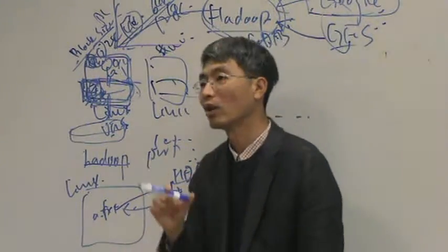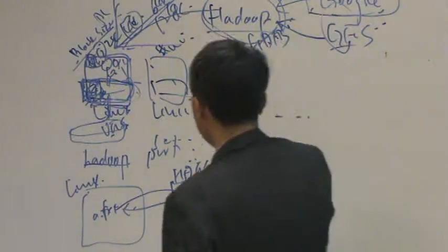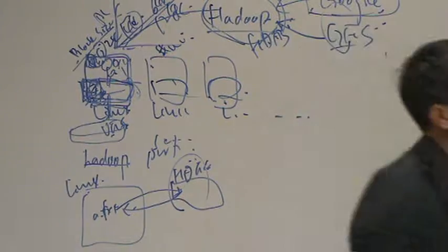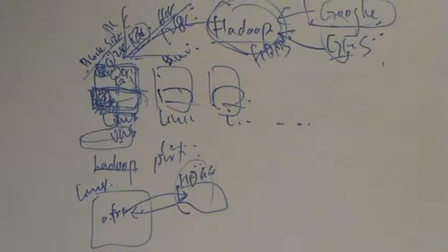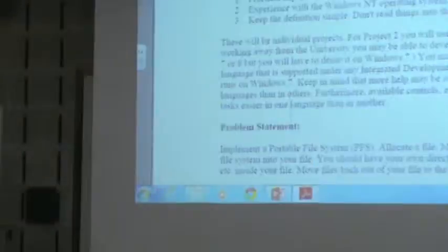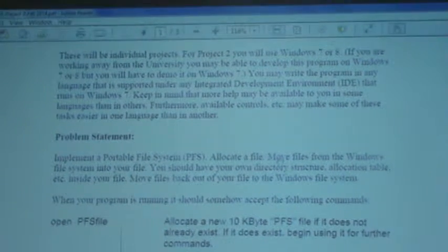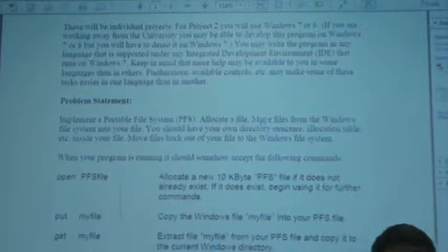Okay, in the second project, you will implement a small version of such a file system, which is called the portable file system. It doesn't have to be only Windows 7, either Windows 7 or 8, but we prefer 7.